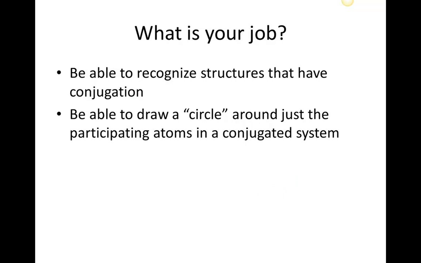So for this portion of the chapter, what you need to be able to do is recognize structures that have conjugation in them and which portions of the molecule are conjugated. If you had to label or draw a circle or a blob around the atoms that are part of the conjugated system, you would know what to include and what not to include.